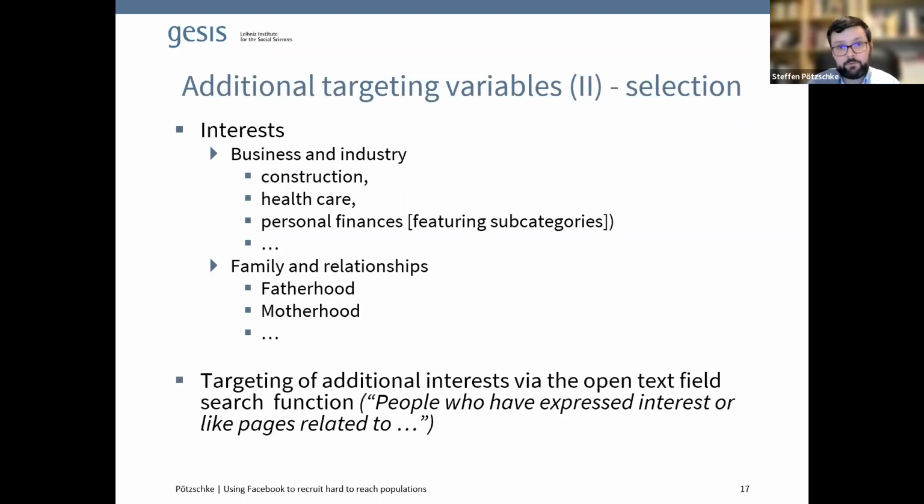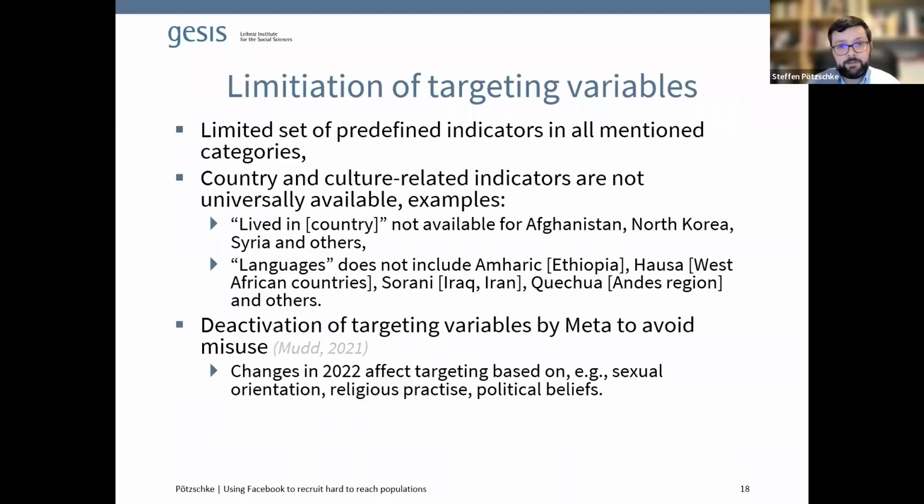So this sounds all very great, but again, of course, we have limitations here. And the thing is that in all the categories I just presented, there is only a limited set of predefined indicators.